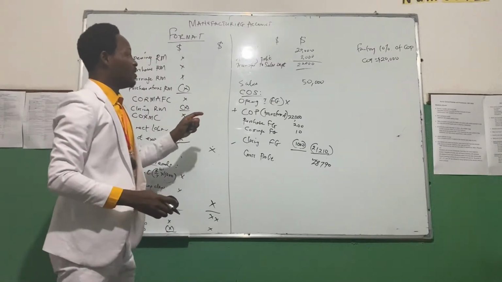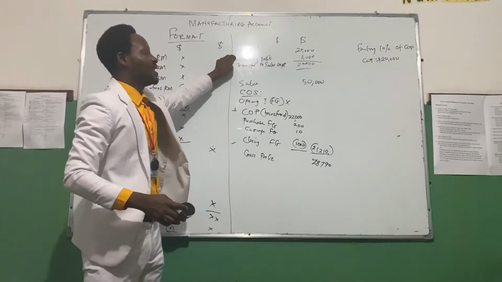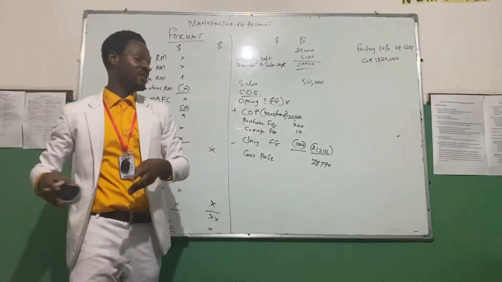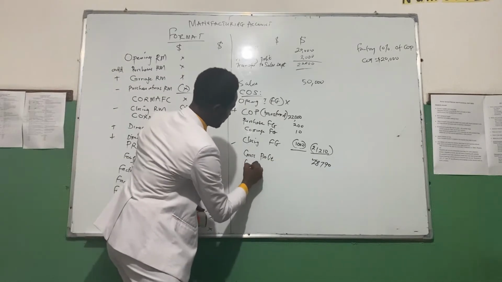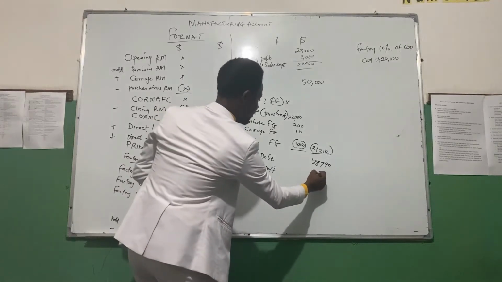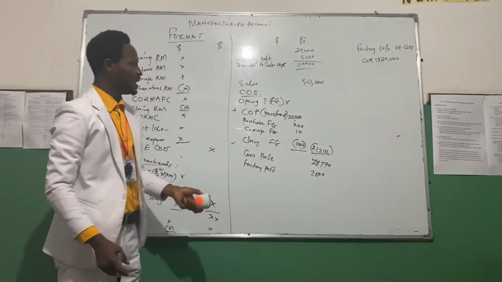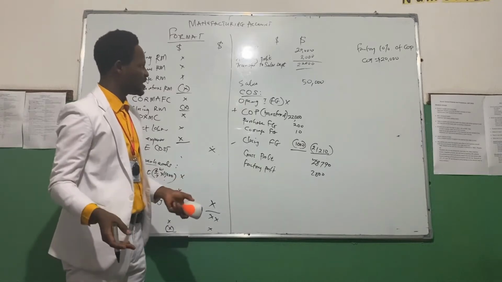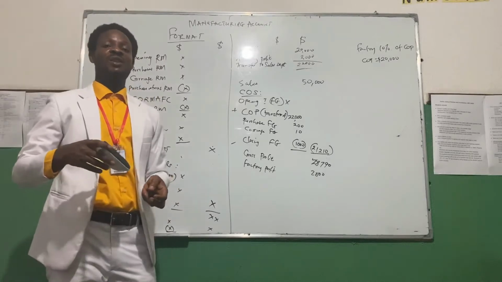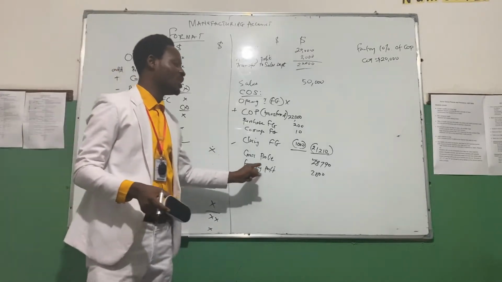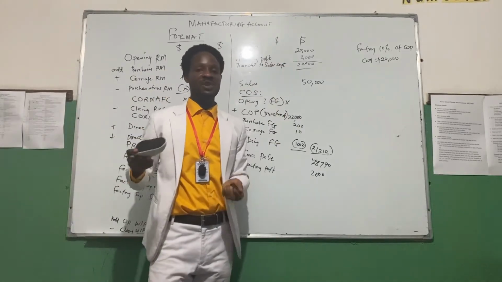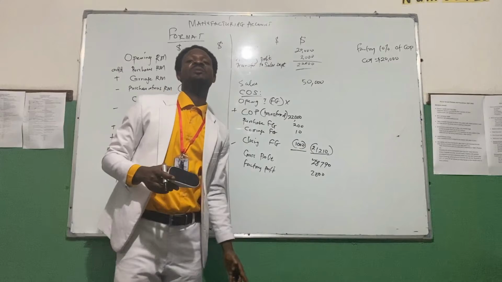Now, factory profit here is part of the business profit because the factory department is part of the business. So we bring it here. Factory profit. Now, someone may wonder, why do we still have to bring factory profit? Is that not time wasting or unnecessary repetition? It is not unnecessary to put it here. It's actually required, because the profit made there is for a section of the business, and this is the whole income statement of the business.